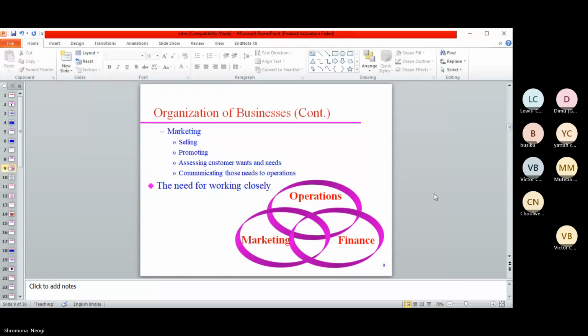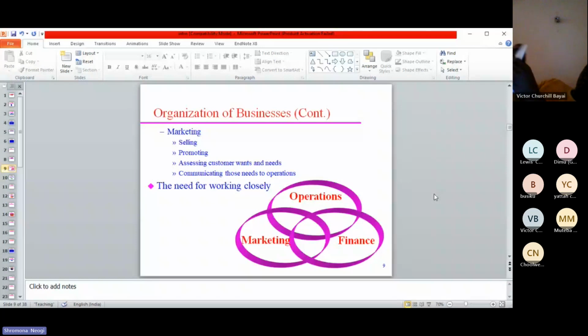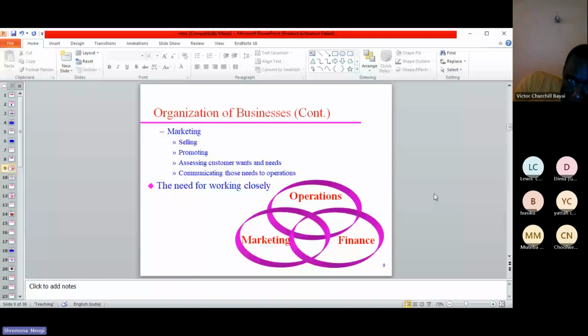What kind of chain or what kind of compartments would they prefer? What kind of buttons? What kind of look and everything. Now, when I take this from marketing, customer wants and needs, this will come to my operations process as well. The customer's needs and wants in a product like a bag, or the demands, will be reflected in the operations process. My operations will be in sync with the customer's wants and needs. They want big compartments, small compartments, locks, button locks, buckles, whatever. That should be reflected in operations.